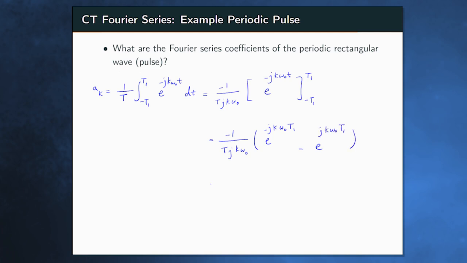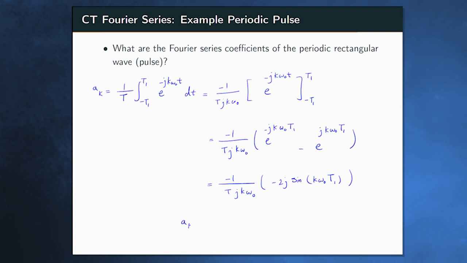That's equal to minus 1 over T j k omega naught multiplied by, using Euler's formula here, the value of the expression inside the parentheses is equal to negative 2j sine of k multiplied by omega naught multiplied by t1.